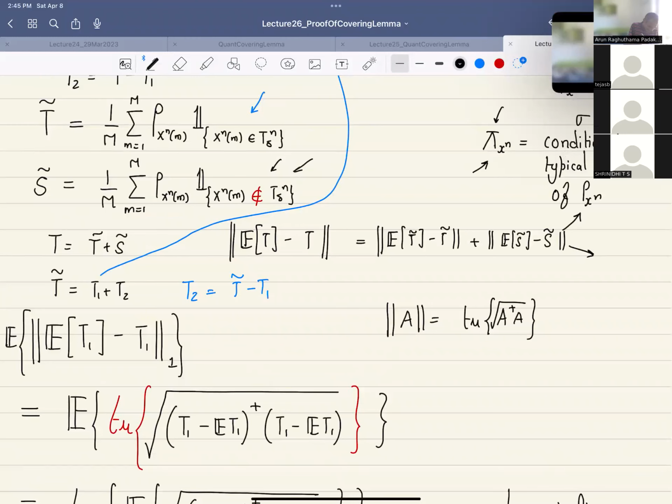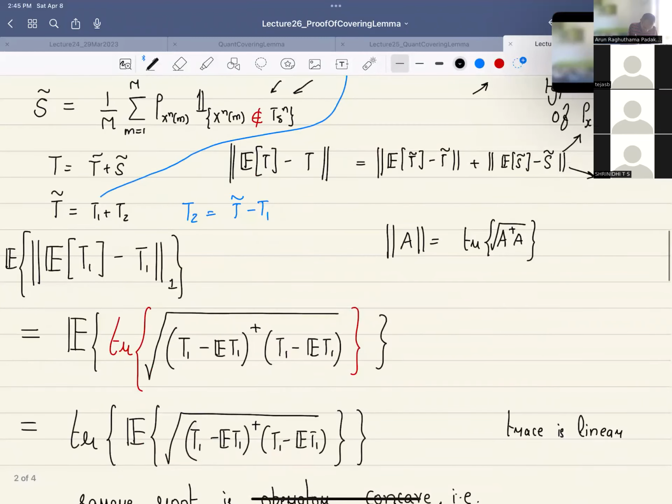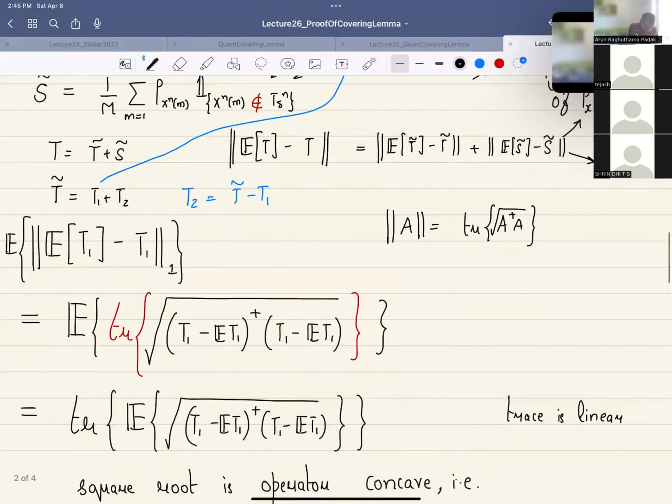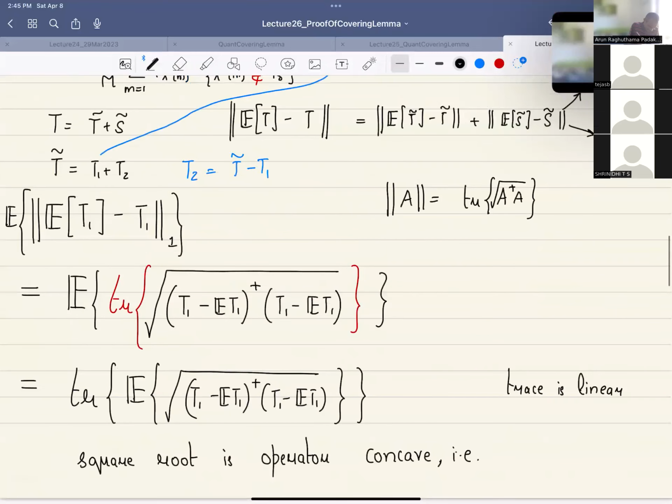And now you again split T tilde as T1 plus T2, where T1 has all these brothers and sisters sitting aside it, and T2 is T tilde minus T1. I showed you without proof, which the rest of you will do in the exam, that this is the most important term. So let's start looking at it. So I looked at the trace of the root.